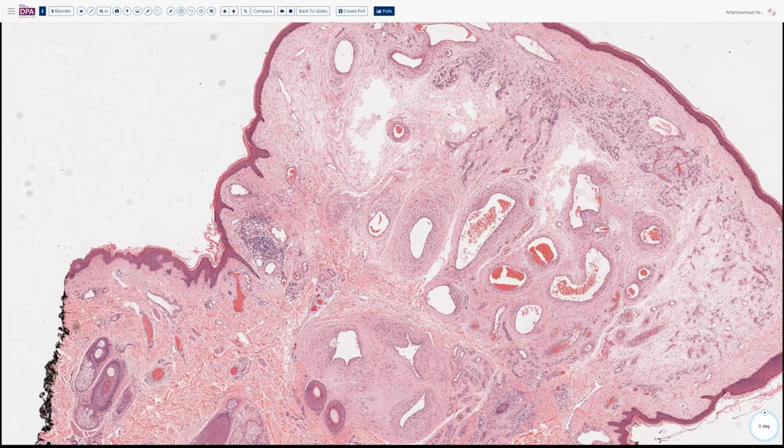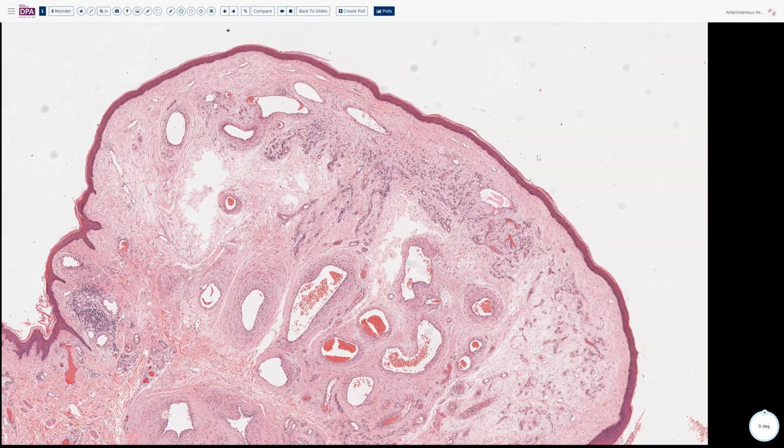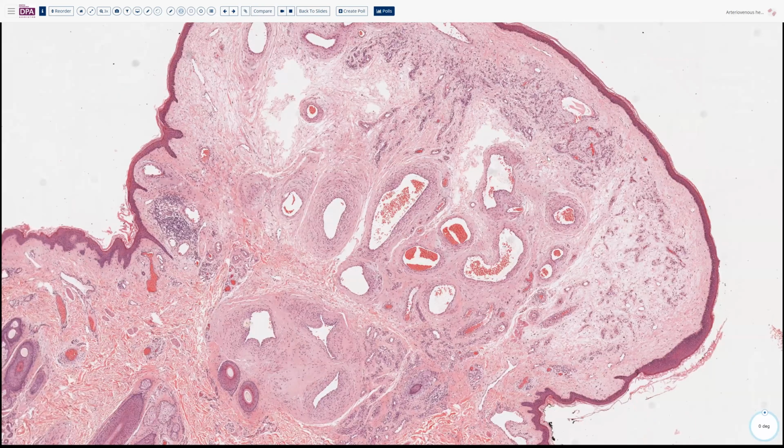So the combination of multiple sizes of the vessels, the capillary bed, the age group can be helpful. The absence of any true arterioles with the elastica would be helpful as well.